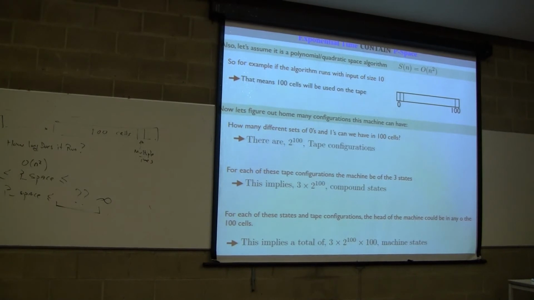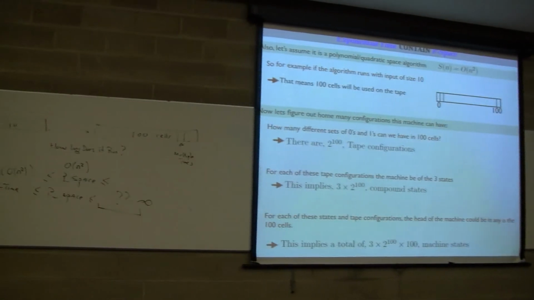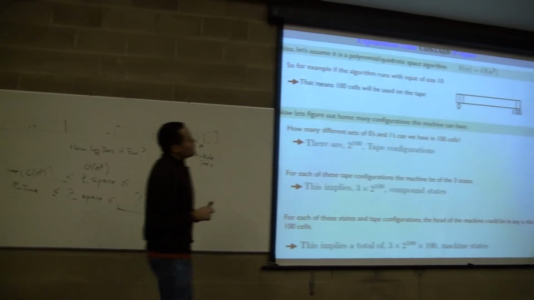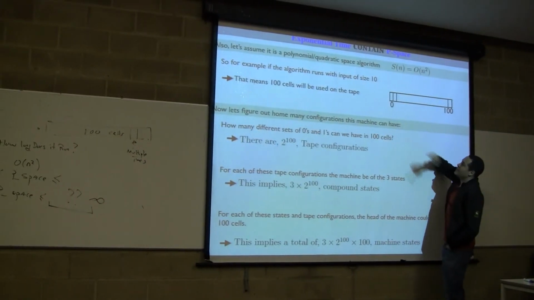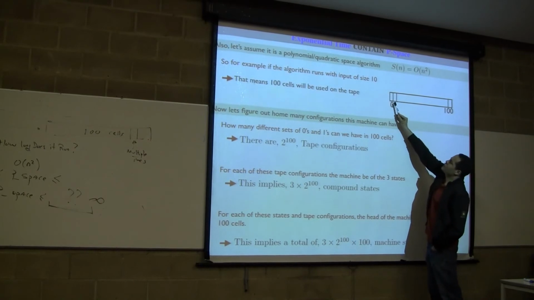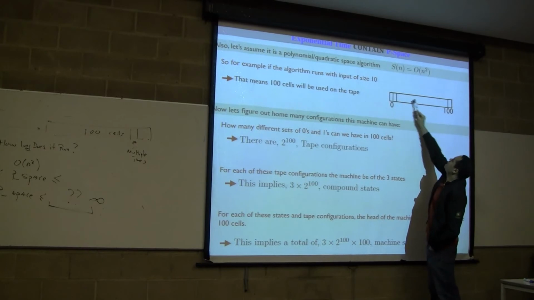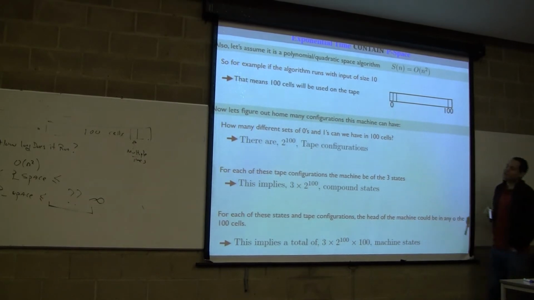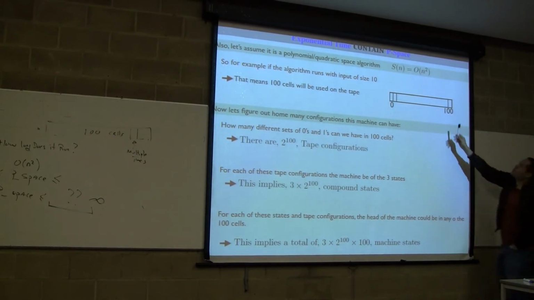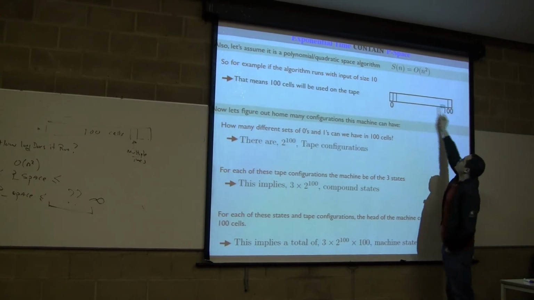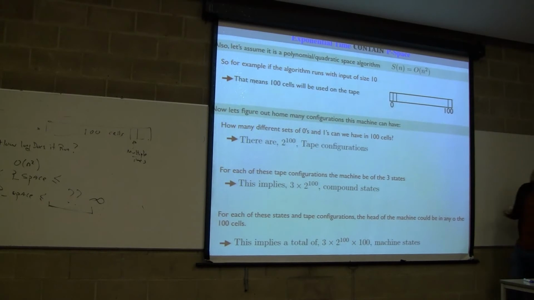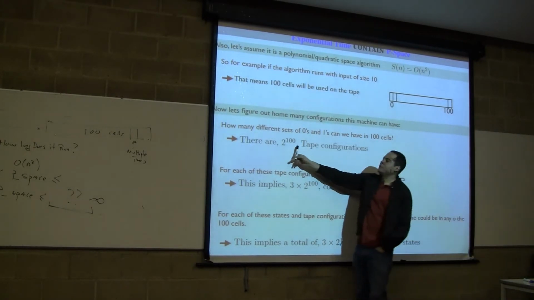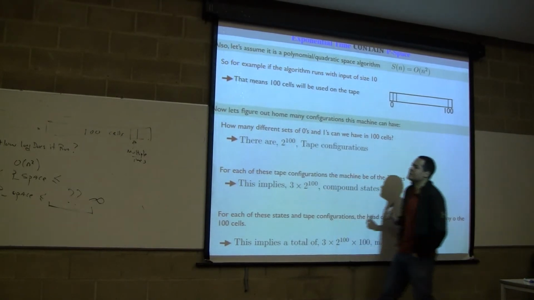So the first thing that you notice is that because I've got 2 symbols, in each of these cells I can have 2 options. The tape configuration in each of these cells can either be 0 or 1, and so forth, up until my, say, 100 cells. So the number of possible tape configurations that I can have there is 2 to the power of 100, right?